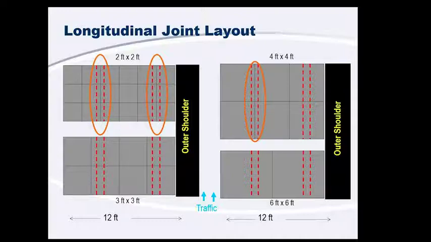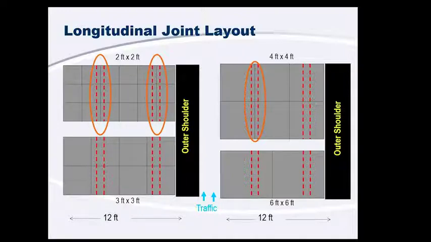So if you play around with it a little bit, go to 3 foot by 3 foot or some 4 foot by 4 foot or even 6 foot by 6 foot joints, you can really play around with where that joint is relative to where your wheel path is. And that 6 foot by 6 foot joint kind of actually illustrates that picture that I showed earlier where our paving lanes were not, and our longitudinal construction joints weren't used to delineate traffic.